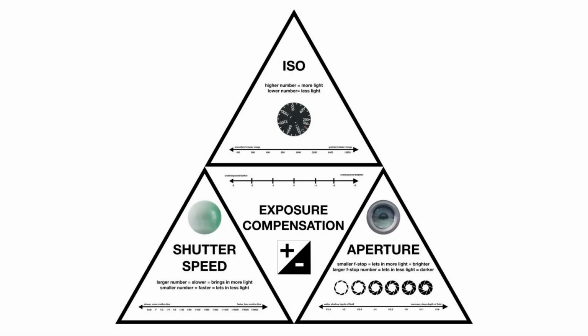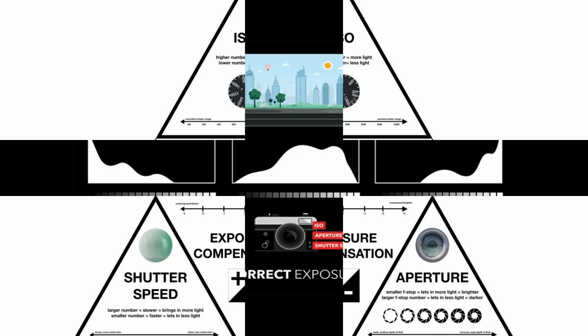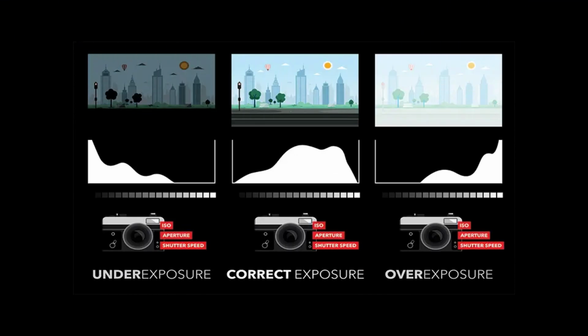Let's take a moment to look at the technical foundation of high contrast Impressionistic photography. To create truly impactful images, it's important to understand how exposure and light work together to shape contrast. In traditional photography, the goal is often to capture as much detail as possible in both highlights and shadows.